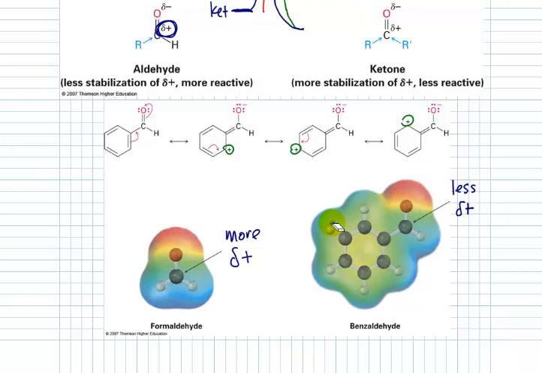So conjugated, let's just make a little rule here, conjugated carbonyls are less electrophilic themselves. There's something different they can do, but we'll talk about that at the end of the chapter.